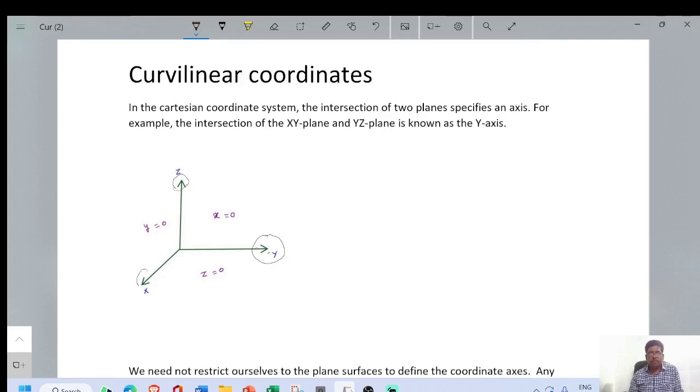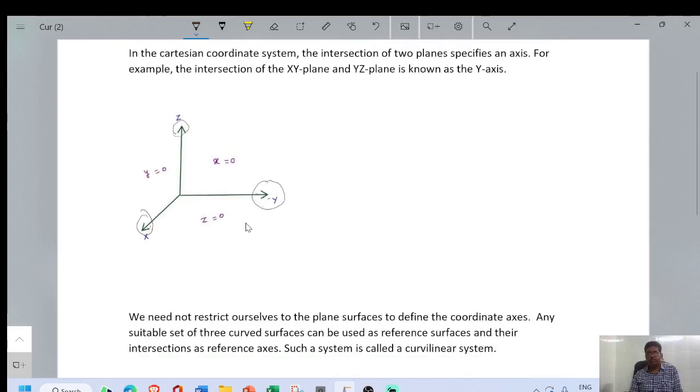If you want to specify x-axis, you should know the intersection of zx and xy plane. If I say xy plane, automatically the value of z is equal to 0. If you say yz plane, the value of x equal to 0. In zx plane, the value of y equal to 0.